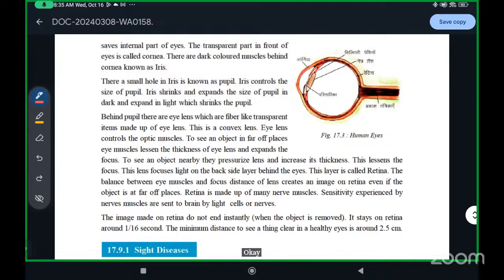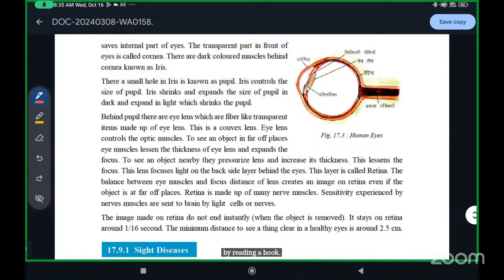Suppose we are reading. Reading means nearsightedness, right? It means focus on one place, not an expanded focus, but on a nearby thing, the words we are reading. So it increases the thickness of our lens so that we can focus on a nearby object or while reading a book.